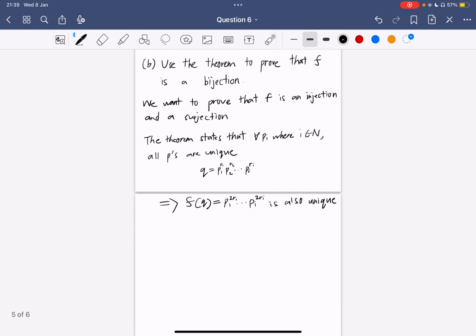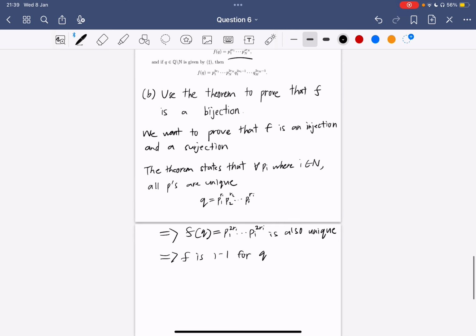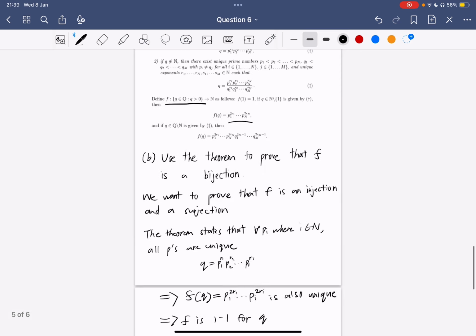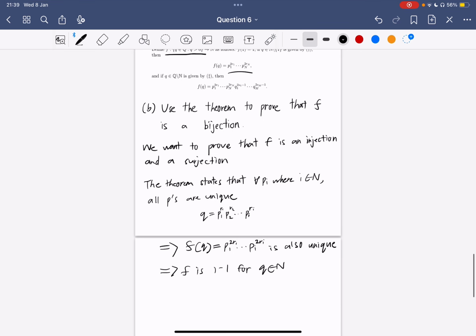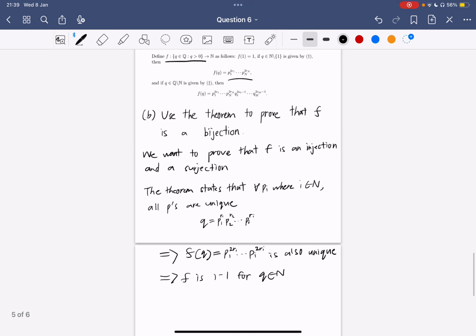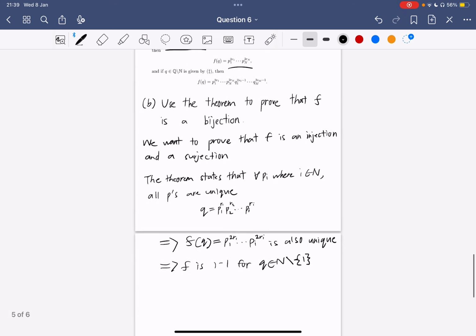So then we've proven that f is 1 to 1 for q in the set of natural numbers minus 1, right?